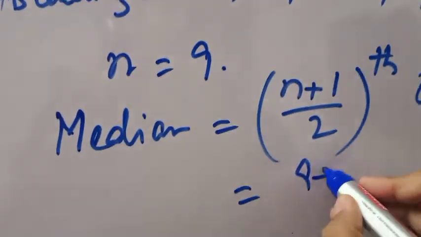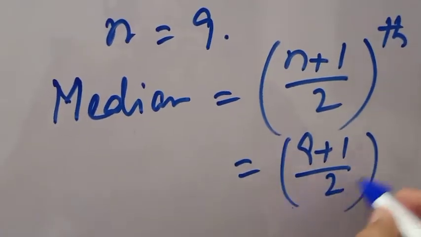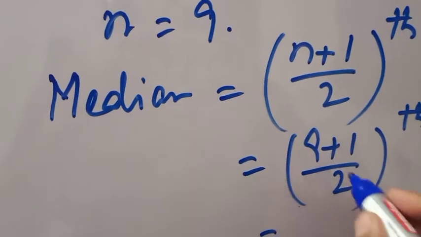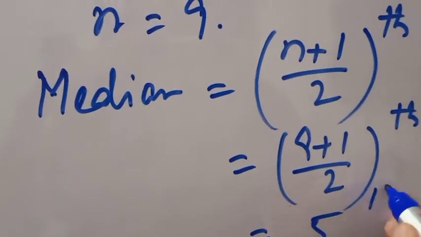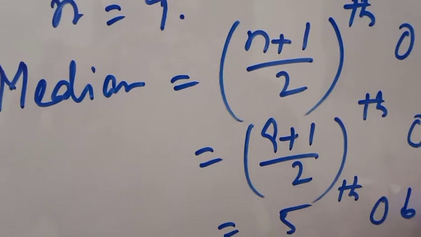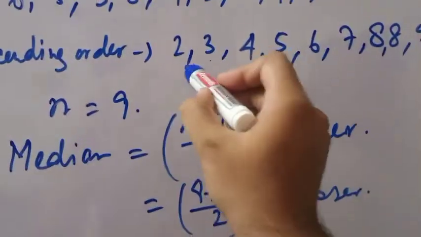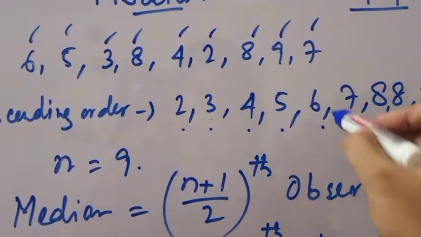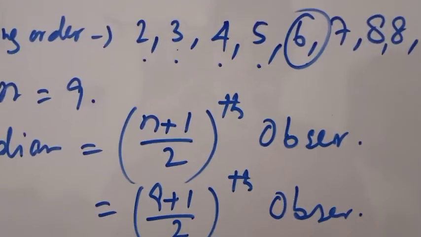That means the (9 plus 1) by 2 th observation, so 10 by 2, that is the 5th observation. What is the 5th observation? 1, 2, 3, 4, 5. So 6 is the answer here.